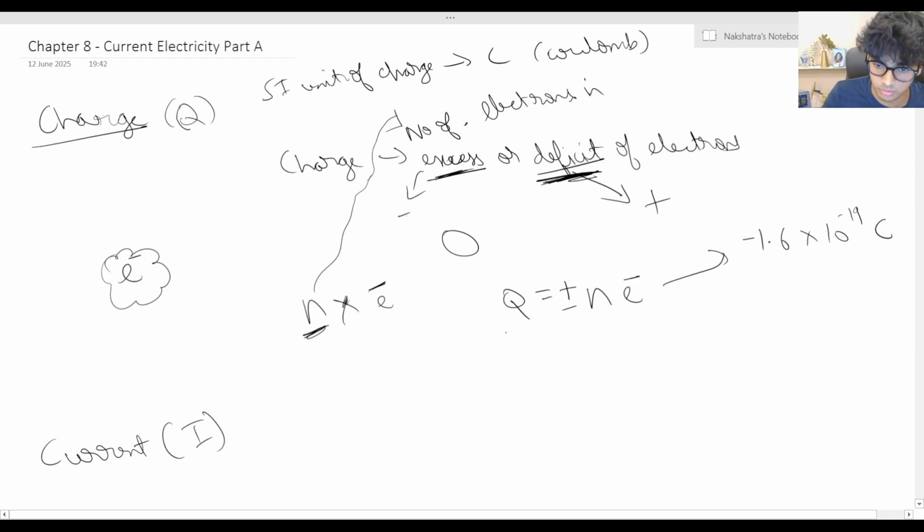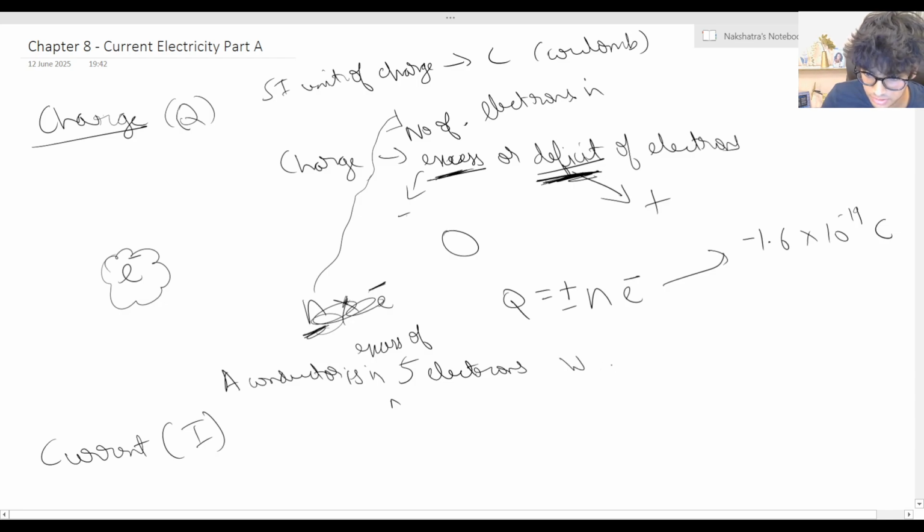So now, simple question, if I say that a conductor is in excess of 5 electrons, what is the charge?